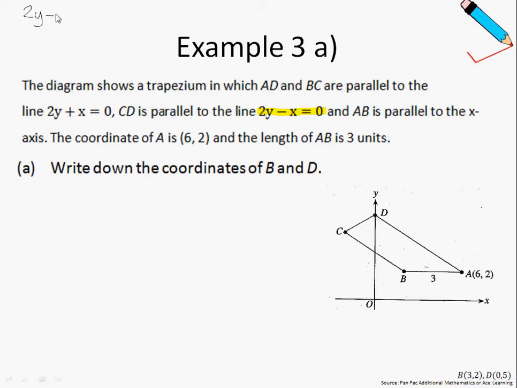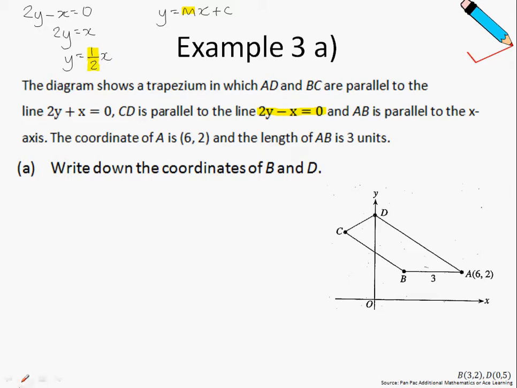So 2y minus x equals 0 can be rearranged to become 2y equals x, and dividing both sides by 2, I'll get y equals half x. Recall that the equation of any straight line is always in the form y equals mx plus c, and therefore our m in this case is just half.